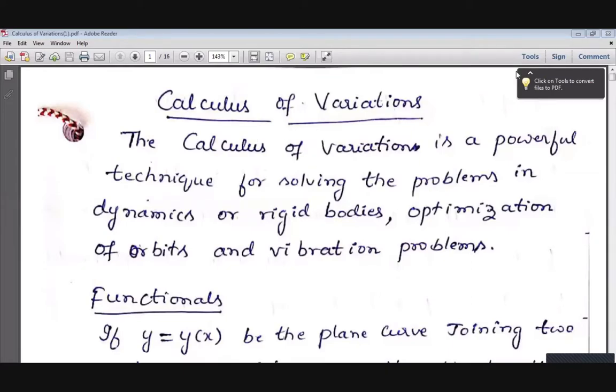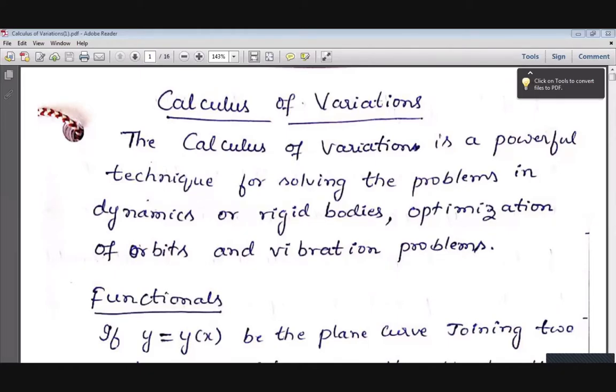We'll see the example, then you will understand why we need this calculus of variation. Because in this module only, we're going to study some practical examples.